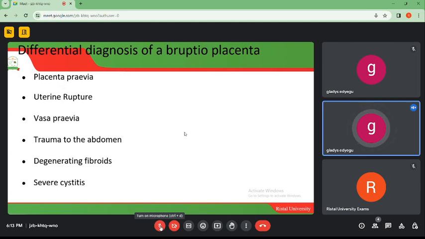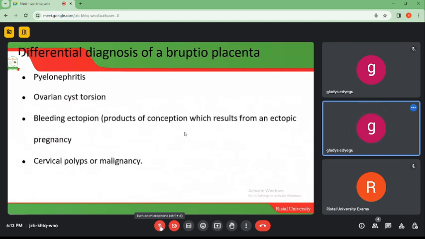Then severe cystitis. So there can be a cyst within either the os, and it can cause some bleeding, and you may think it is abruption, and yet it is a severe cystitis within the cyst that could be around the vaginal orifice or around the cervical os.